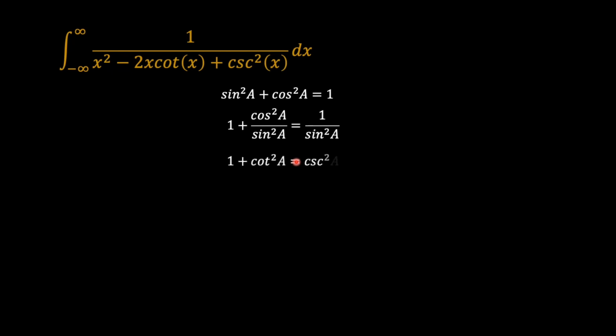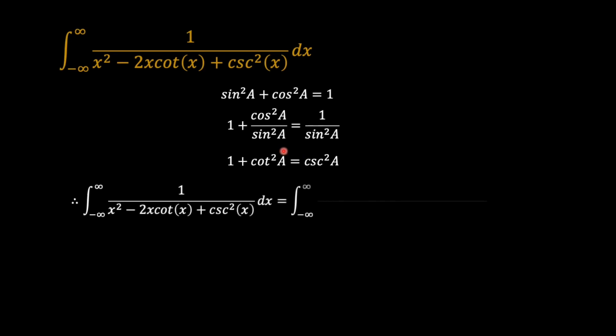Now that means that 1 plus cot squared a is equal to cosec squared a. So in this integrand, in place of cosec squared x, we can place 1 plus cot squared x. And that's exactly what we're going to begin with.